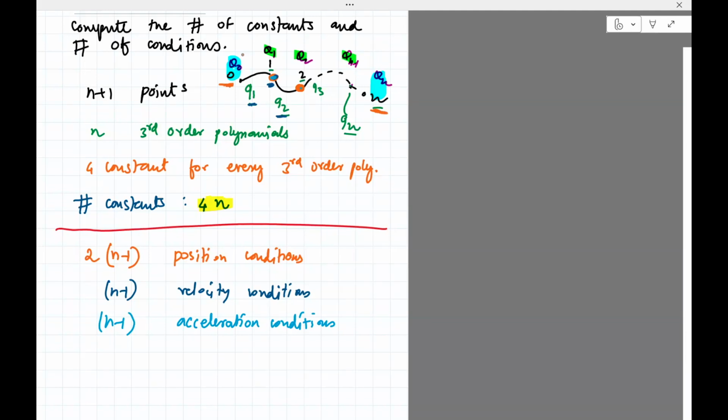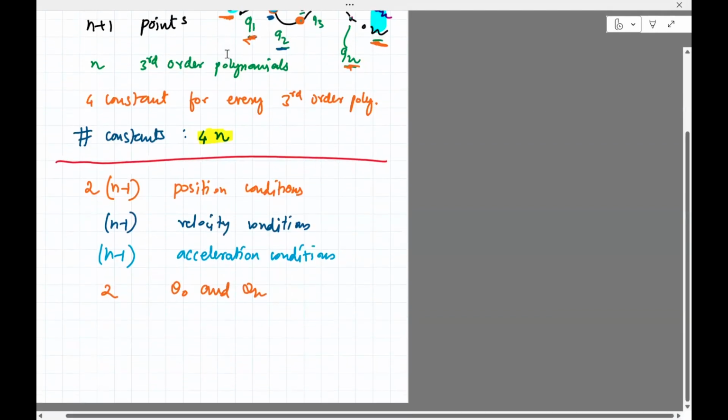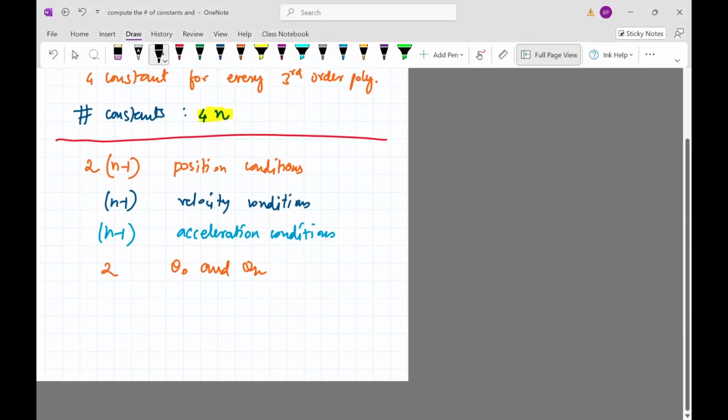So we also know the value at theta 0 for q1 at 0 and qn at n. So that gives us two conditions on positions, on theta 0 and theta n. So that is q1 at 0 is known and qn at n is known. Okay, so I think that's all we can get from here.